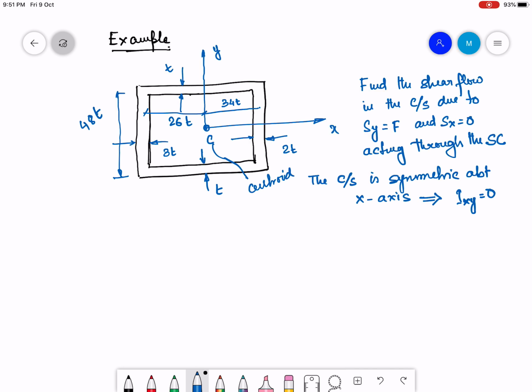So therefore my Qs minus Q0 for this cross section is going to be minus Sy by Ixx into the integral from 0 to s of t y ds.